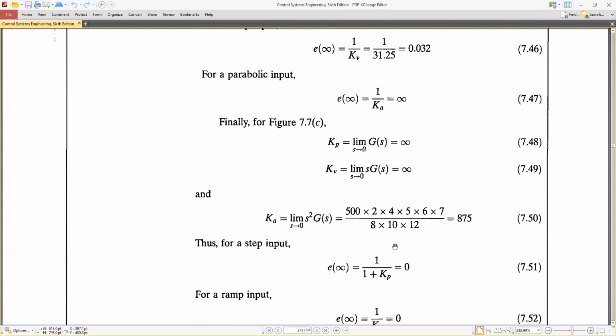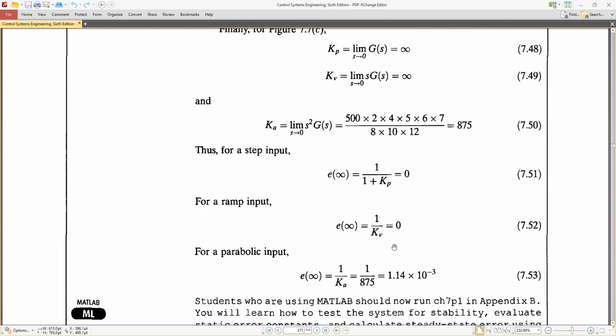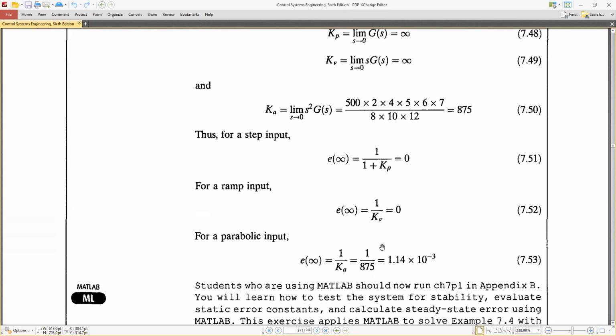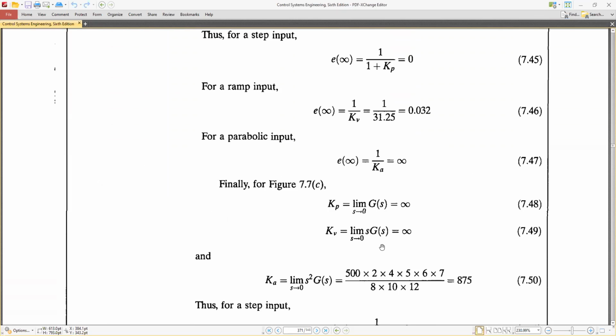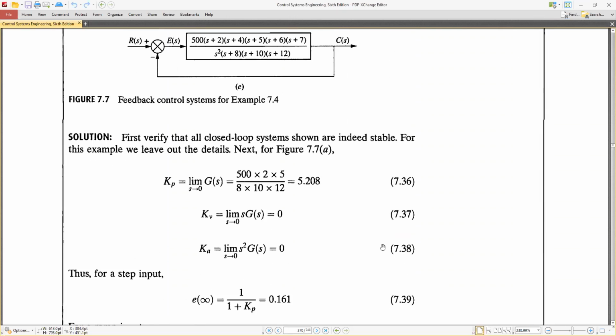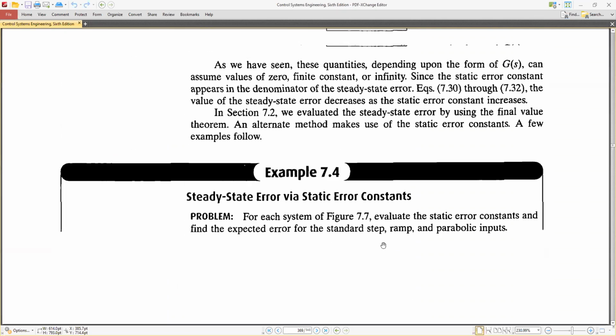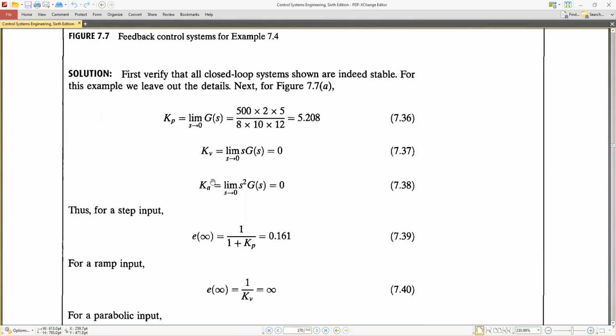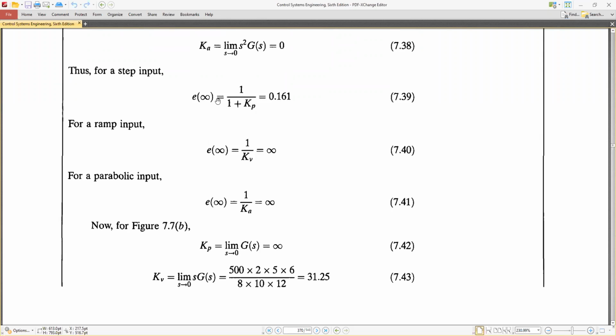So they have done it for all three and found the output. Generally in the exam I give this kind of problem. So you have to find out the Kp, Kv and Ka, then put these into the error equation for steady state error, and find out the error.